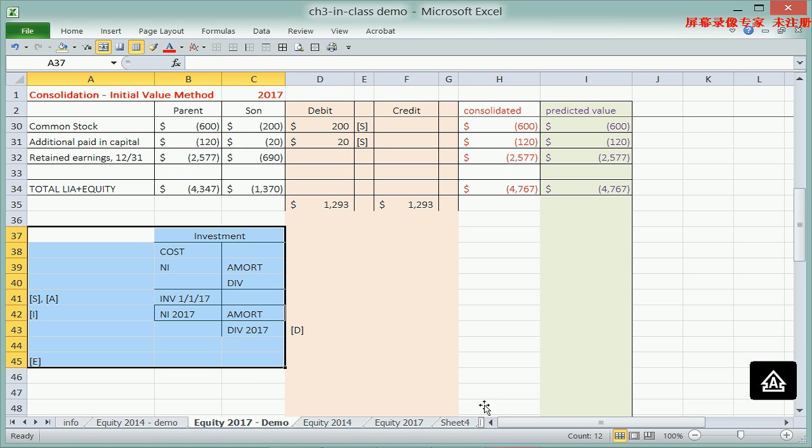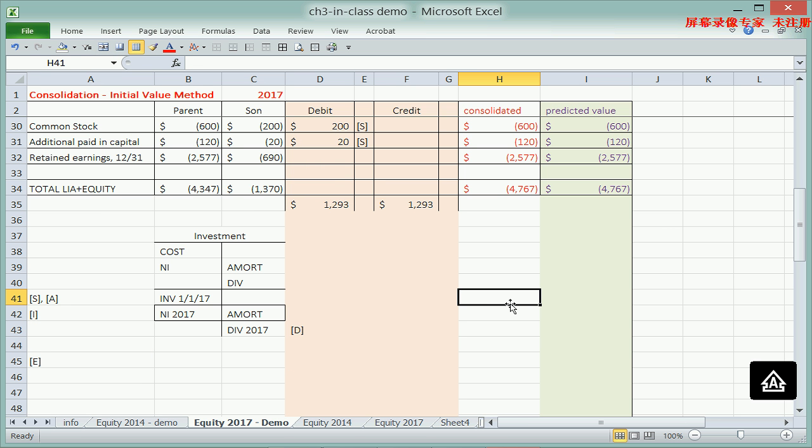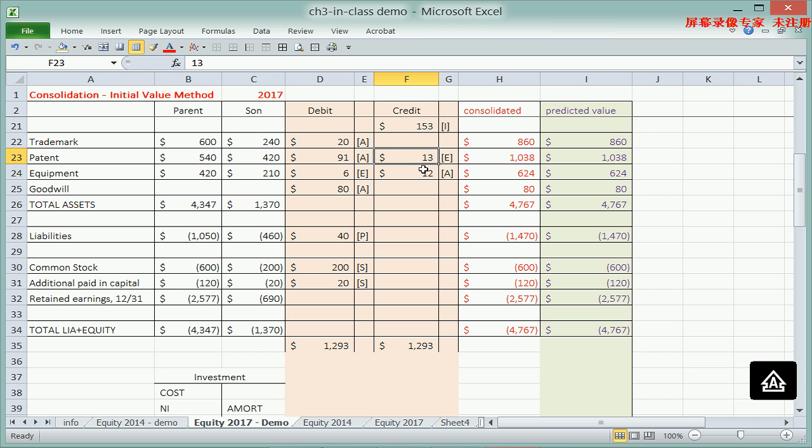For eliminating the investment account and the equity in subsidiaries earnings, we need to use SAID to eliminate the intra-entity investment and equity in subsidiaries earnings accounts, and then we need an E entry, not to eliminate, but to take care of the amortization of the fair value excess of what the parent paid for the subsidiary.